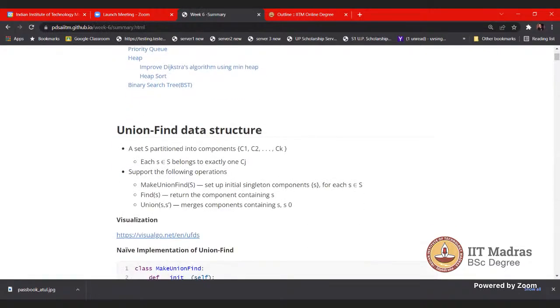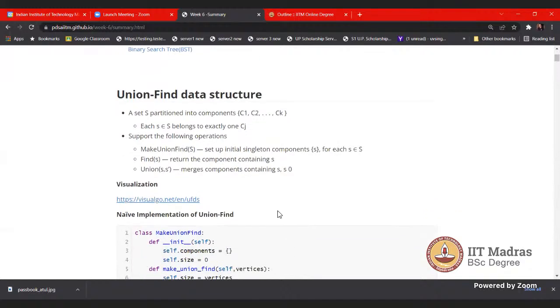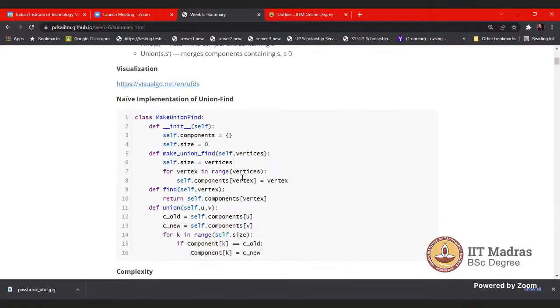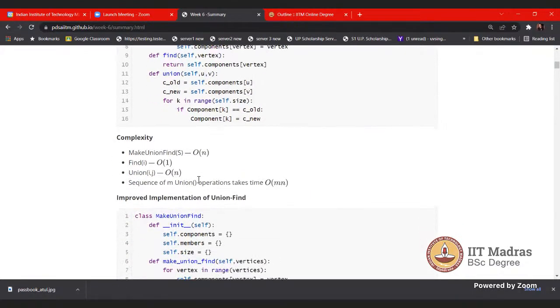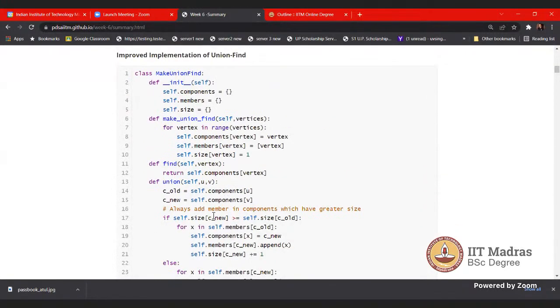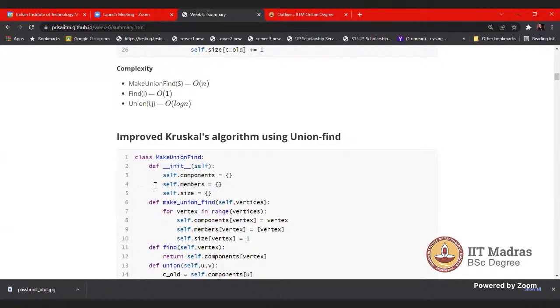So the first topic is the union-find data structure. We are improving our classical algorithm using this union-find data structure. This is the improved algorithm.